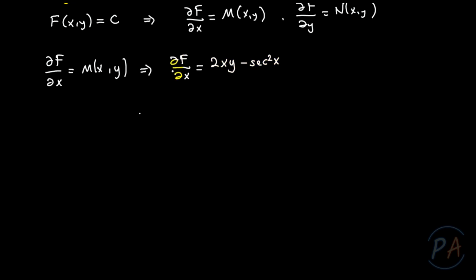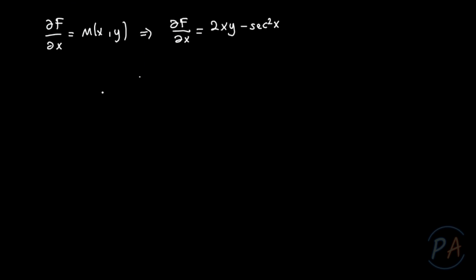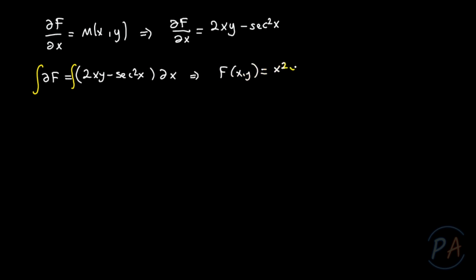By multiplying each side of this equation by ∂x, I can write ∂f = (2xy − sec²x) ∂x, and integrating both sides, I can write f(x,y) equals x²y minus the integral of sec²x, which is tan x, so minus tan x, plus a generic function of y, g(y).